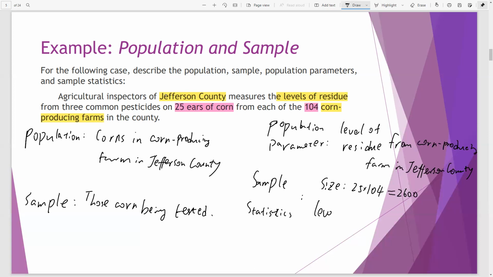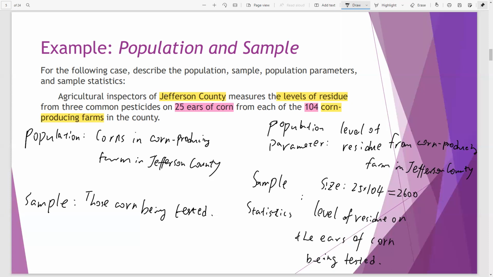And also the level of residue on the ears of corn being tested. So population is every corn. The sample are those corns being tested, right?